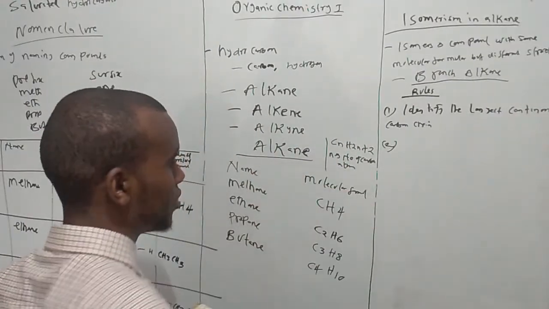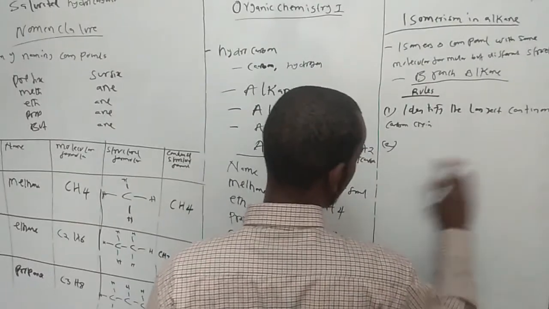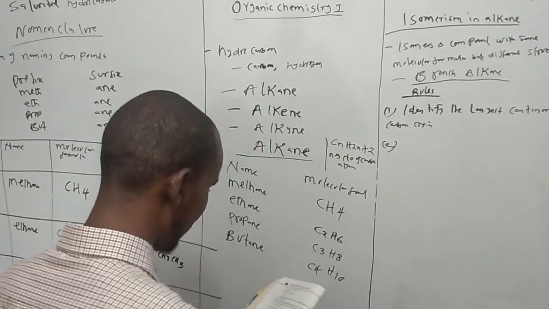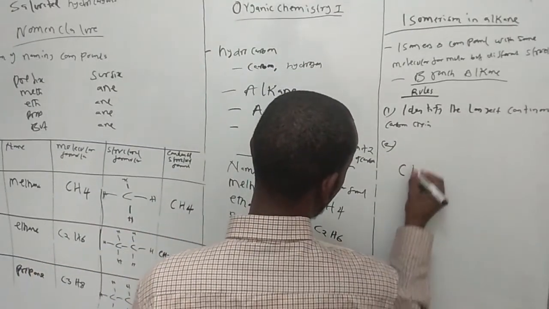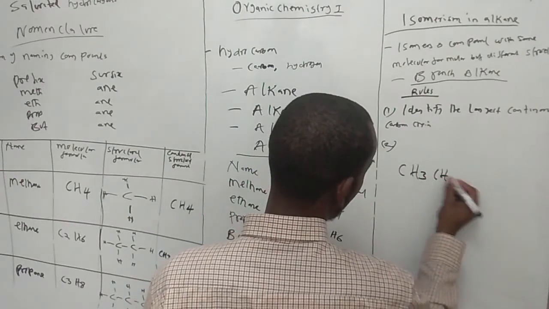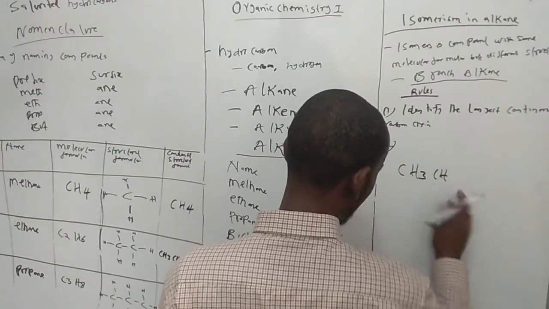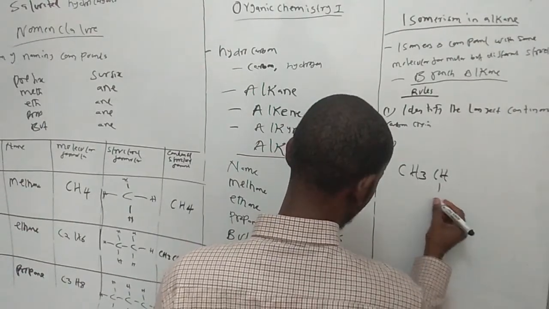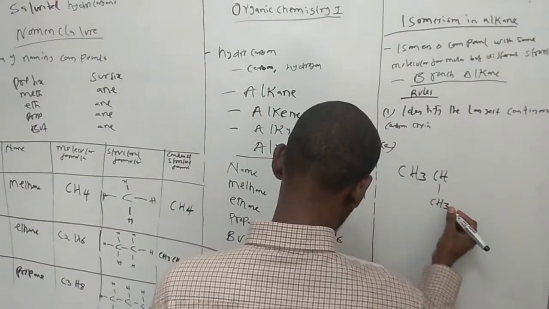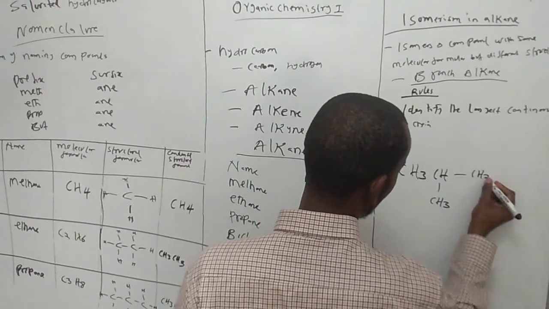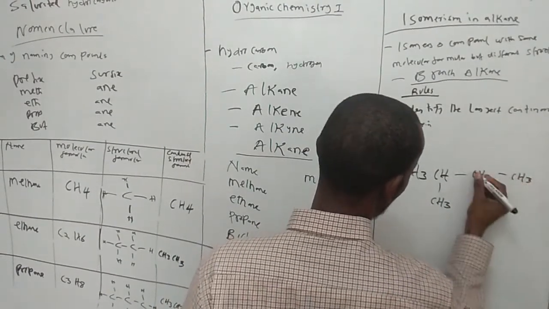What that means, for me to illustrate that, I can take an example as, let's say, CH3, CH2, CH3, CH, CH3, CH2, CH3.